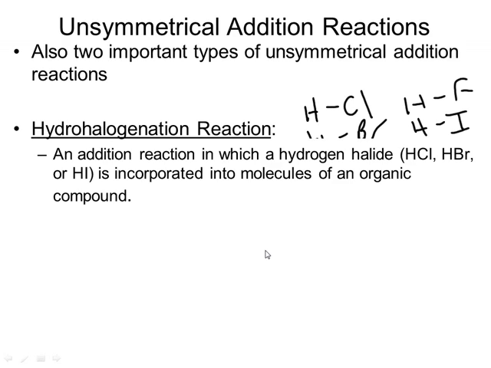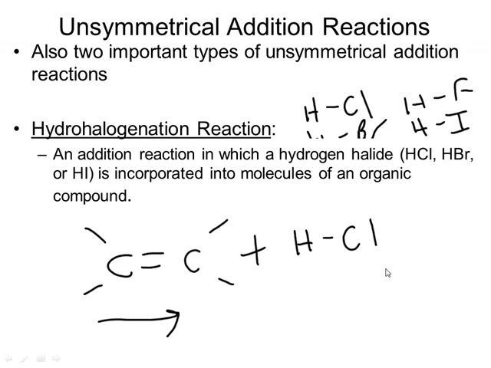And so what happens is we add, I'll show an example, double bond. We add, say, HCl, for example, and then we get H on one of the carbons and Cl on the other.